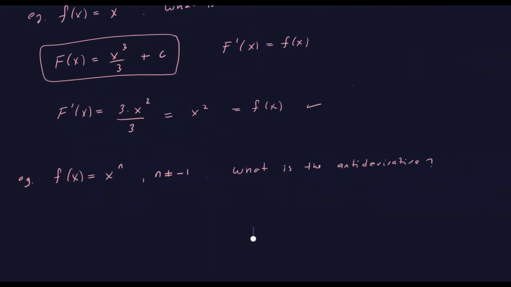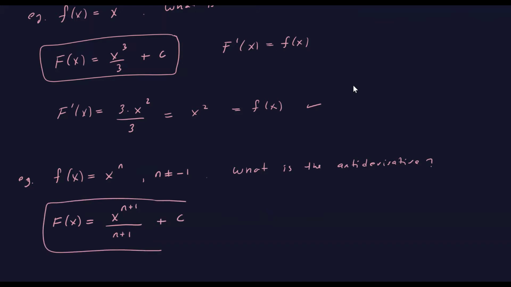So the rule is pretty much like the ones above. You simply add 1 to the power, and the same power plus 1 goes on the bottom. So that's the rule for antiderivatives. Of course, we're tagging along plus c for the most general antiderivative. This is often known as the power rule for antiderivatives.